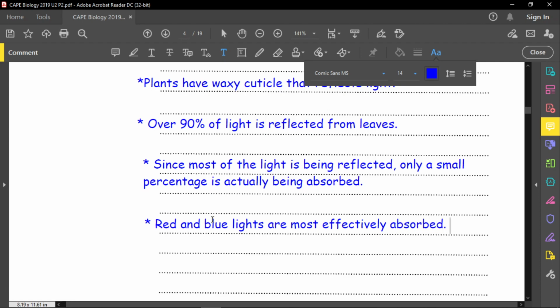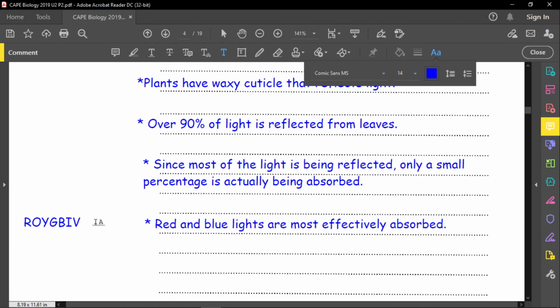And what I'm referring to, blue and red light being most effectively absorbed, is that white light contains 7 colors of light, which is Roy G. Biv. You should remember that, right? So I'll put it on the side just for our memory. Roy G. Biv: red, orange, yellow, green, blue, indigo, and violet.